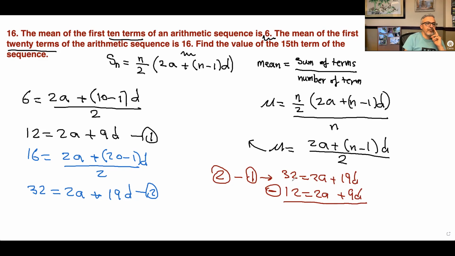Subtract 32 minus 12 gives me 20. The 2a's would cancel. 19 minus 9 will give me 10d, and therefore d equals 2.